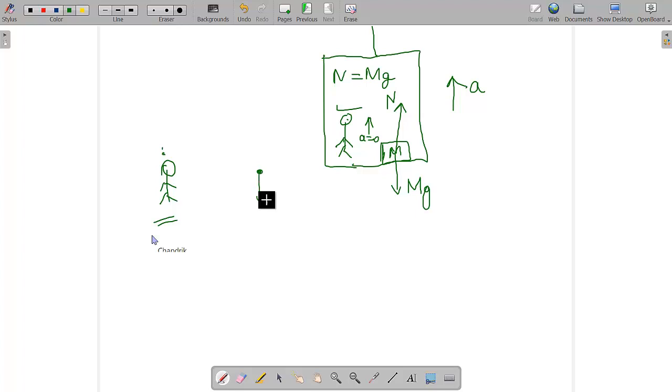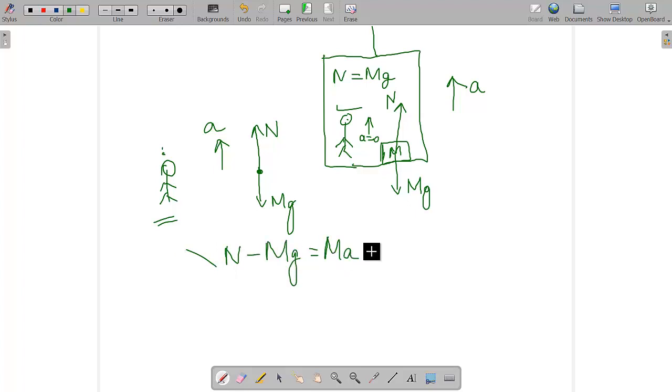He will write that there are two forces acting: mg downwards, and the normal contact force upwards. He sees that the block is moving upwards with an acceleration a, so he writes n minus mg is equal to m times a. This is also correct, and this person also feels that this is correct.